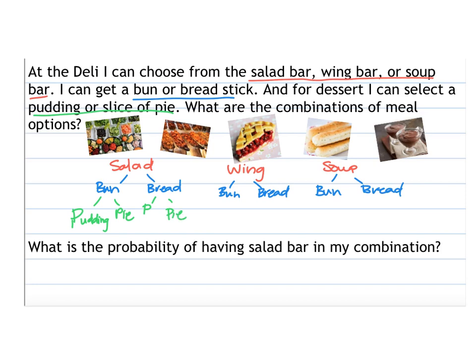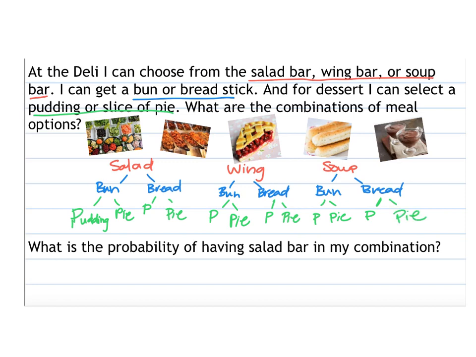If I chose the wing bar with the bun, I could have picked pudding or I could have picked pie. If I chose the wing bar with the breadstick, I could choose pudding or I could choose pie. Okay, it's kind of continuing on. Are you noticing a pattern? Okay, if I chose soup with a breadstick, I could have chosen pudding or a pie.